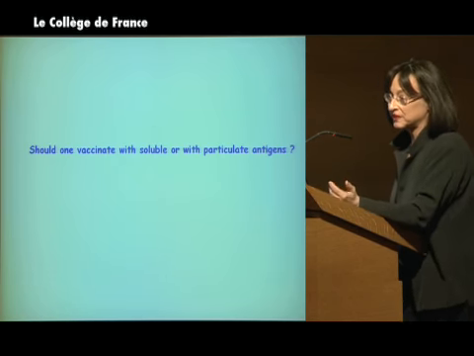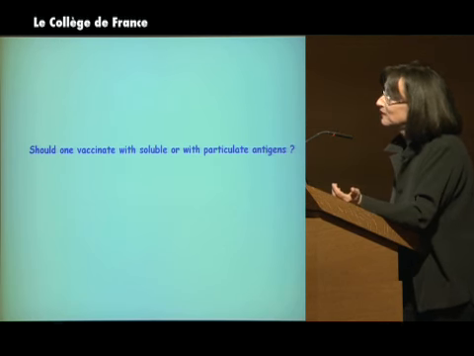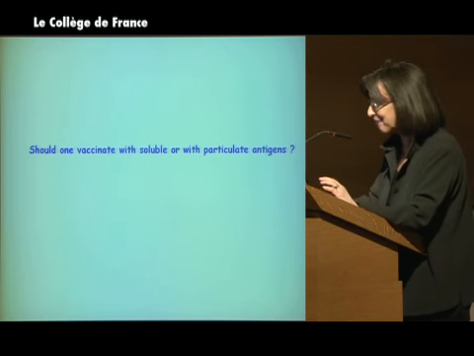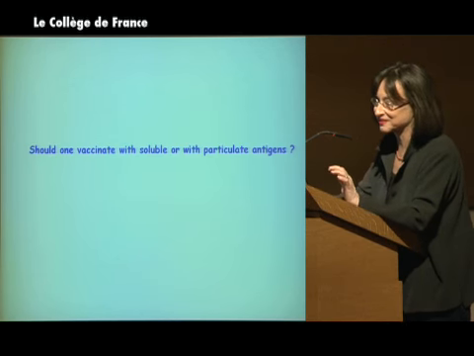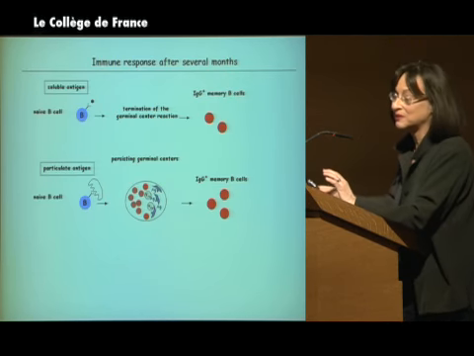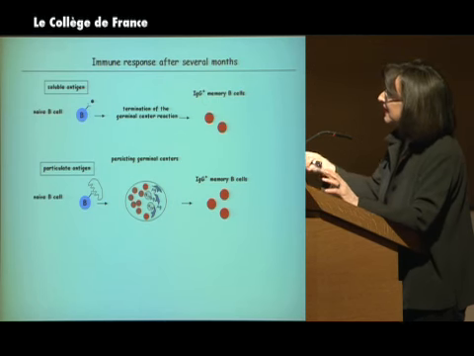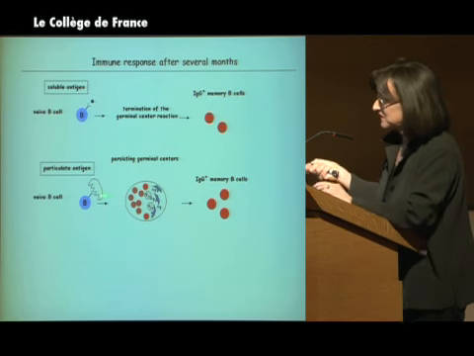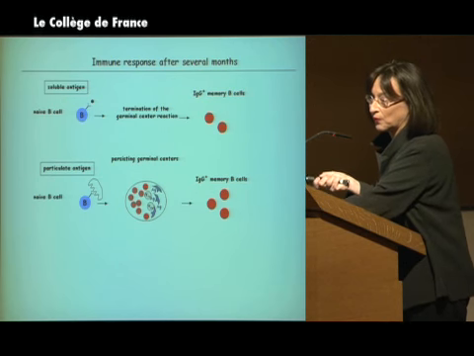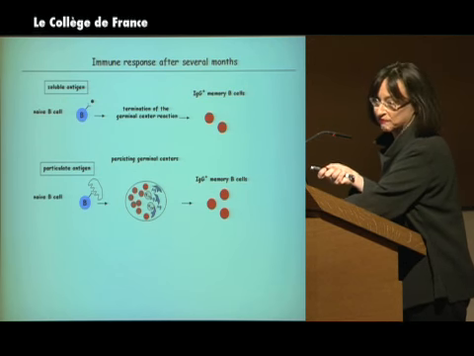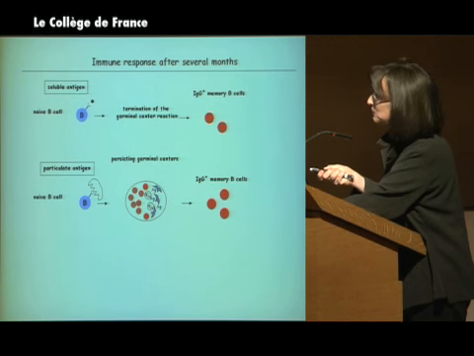So, of course, if the nature of the antigen matters, should one vaccinate with soluble or particulate antigen? I'm obviously not able to answer this question, but the only thing we would like to study in this model is, in a system where you have this persisting germinal center structure, what do they provide in terms of quality or quantity of the immune response?